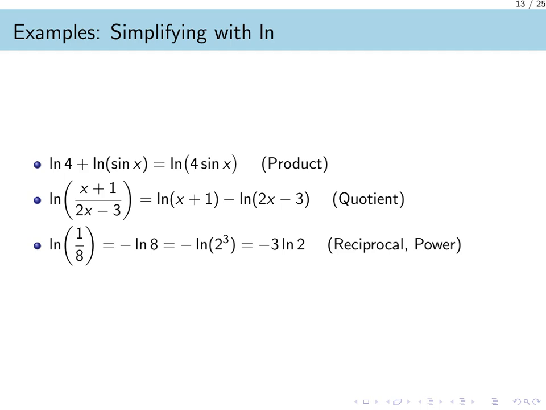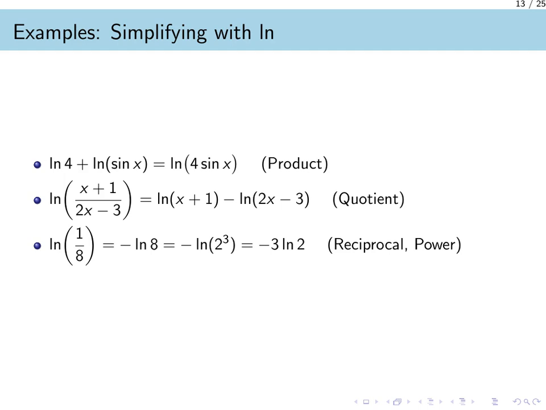First, we see that the natural log of 4 plus the natural log of sine of x combines into a single term. Using the product rule, this sum of logs becomes the natural log of the product, which is 4 times sine of x. Next, for the natural log of the fraction with x plus 1 over 2x minus 3, the quotient rule allows us to expand this into a difference.